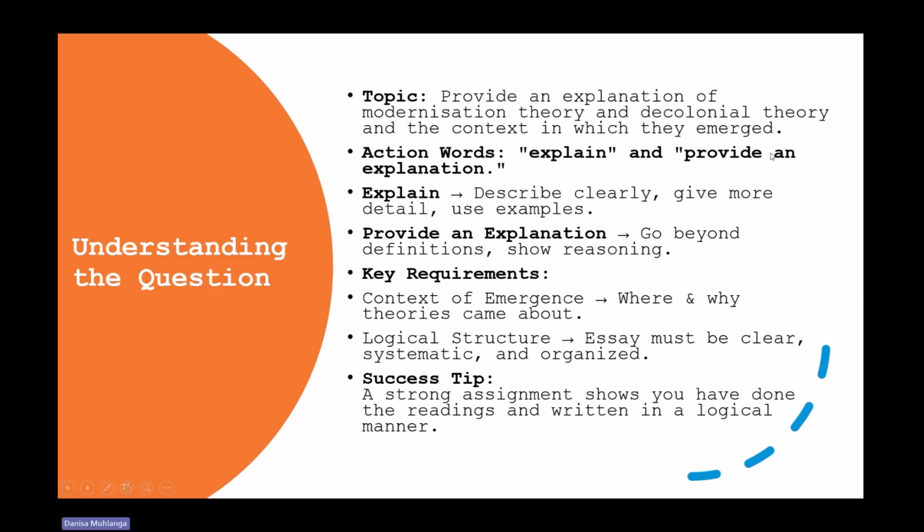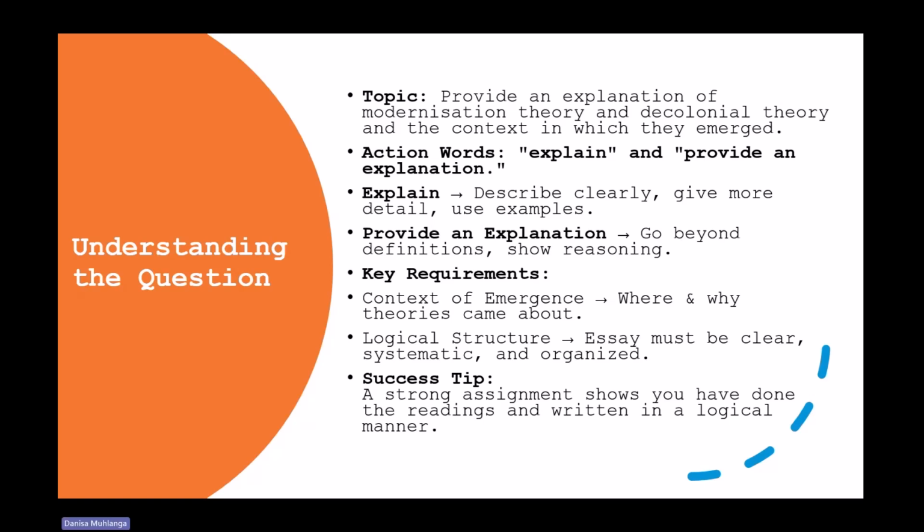Okay, so before you start writing, it's important to break down the question, or the topic, and understand what is expected from you. So you should be able to break it down before you even start writing. Okay, so your tutorial letter, remember I said we'll be referring to your tutorial letter 301.